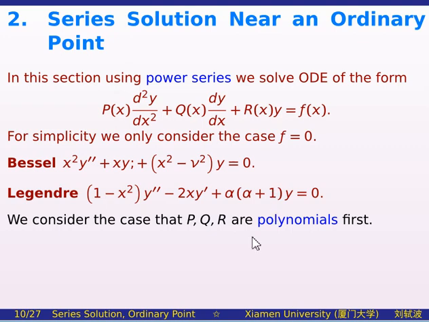Note that this concept of ordinary point only applies to polynomial coefficient equations. If p, q, r are not all polynomials, if one of them is not a polynomial, then for those equations we do not have the concept of an ordinary point. Later we will generalize this concept to a slightly larger class of equations. But currently we only discuss polynomial coefficient equations.